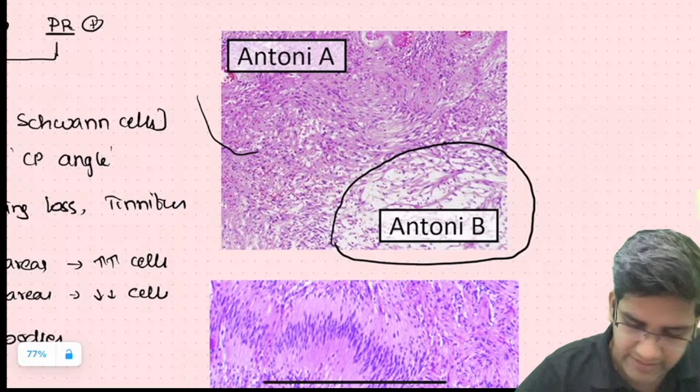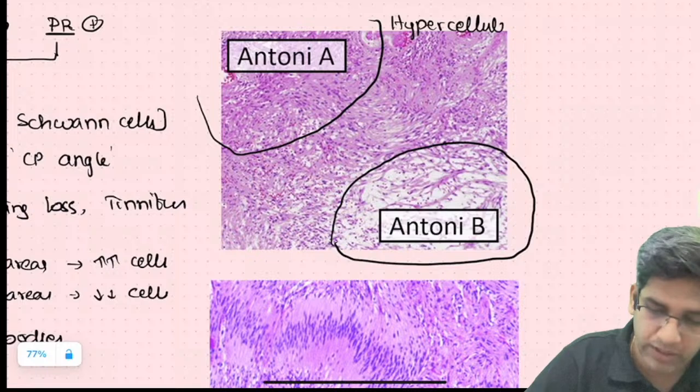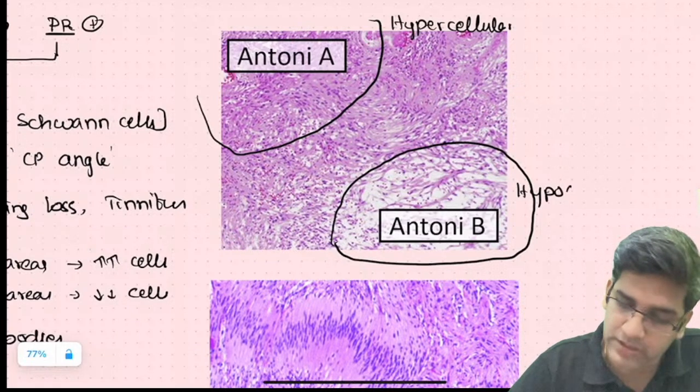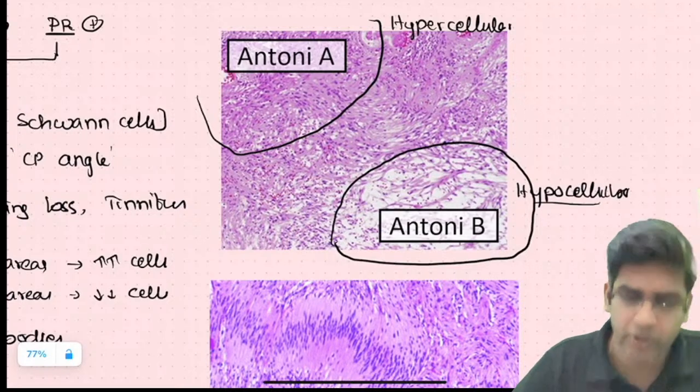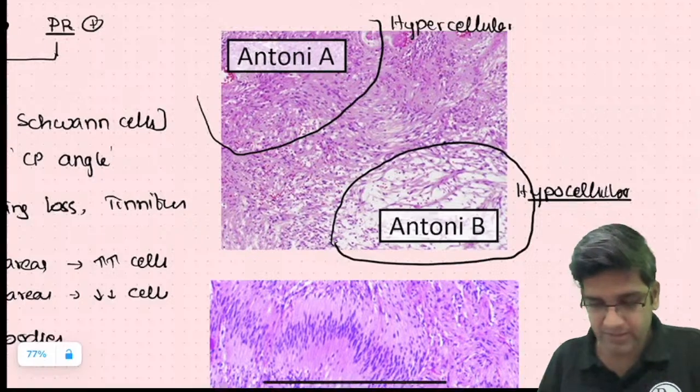So obviously in this area I have more cells, right? Antoni A is your hypercellular area in the tumor, and hypocellular areas in the tumor I call Antoni B. So these are areas in schwannoma, more cells, fewer cells. It's been divided. Next is this finding.